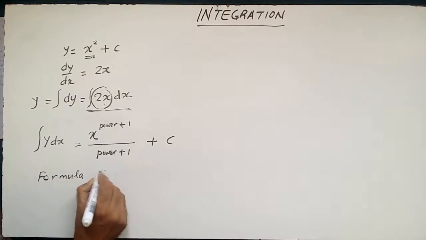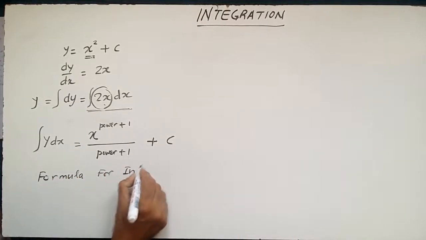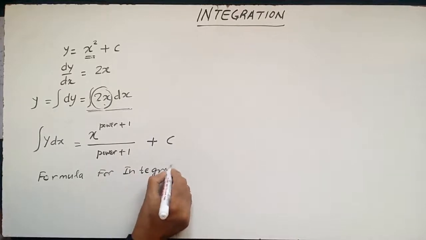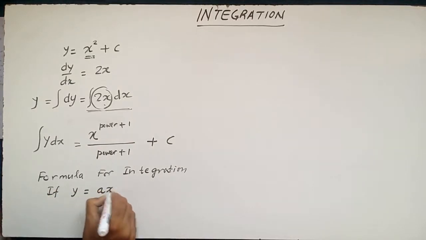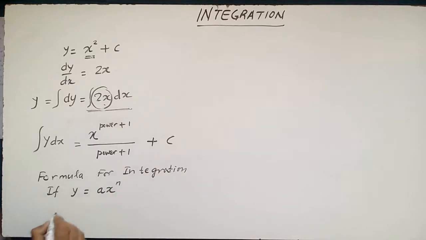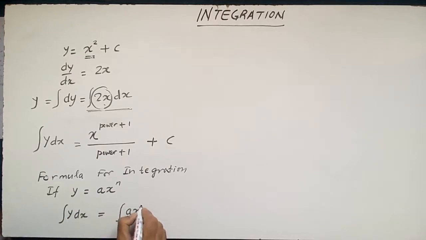Formula for integration. Okay, so if y is equal to ax to the power n, therefore integration of y with respect to dx is the same as integration of ax to the power n.